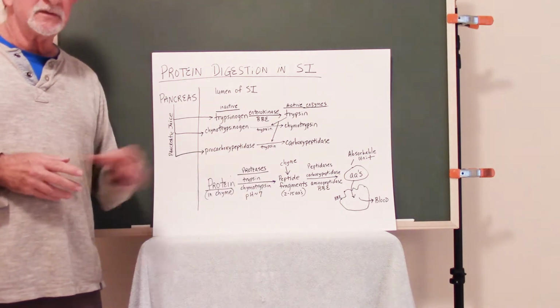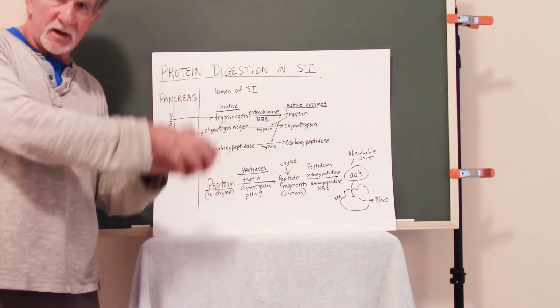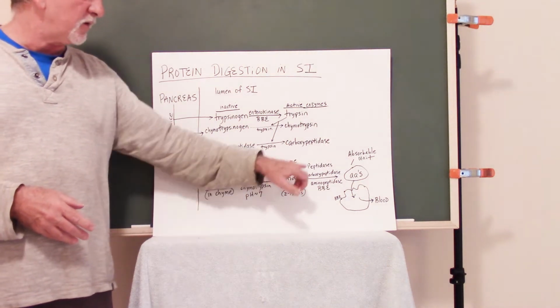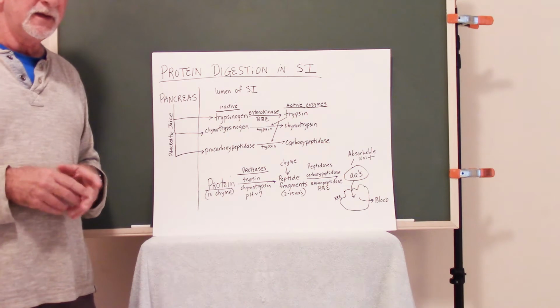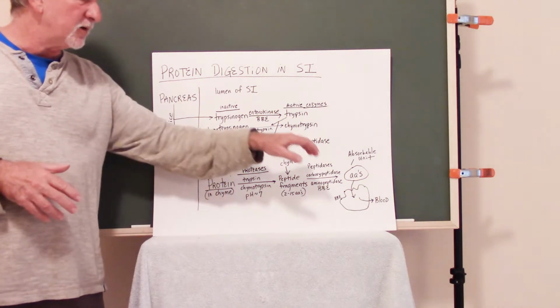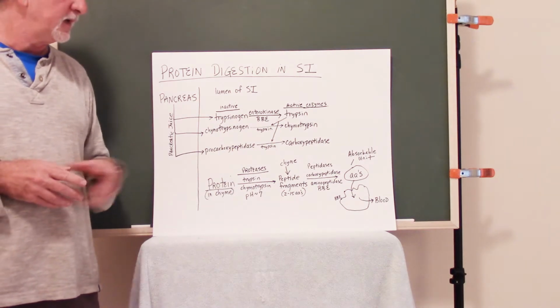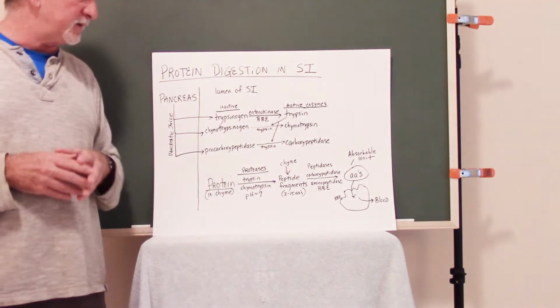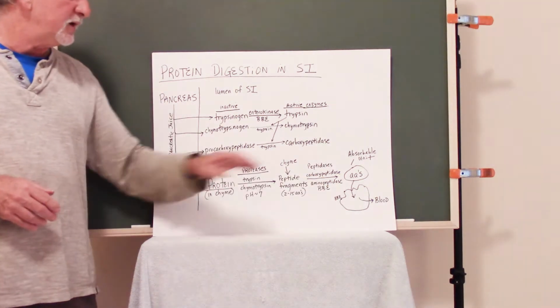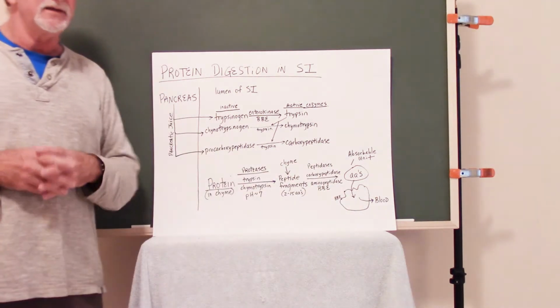These peptide fragments, along with the peptide fragments coming in from the stomach, are then broken down by enzymes called peptidases. And one of those peptidases is from the pancreas. It would be the carboxypeptidase. And then the other peptidases are actually brush border enzymes known as aminopeptidases.